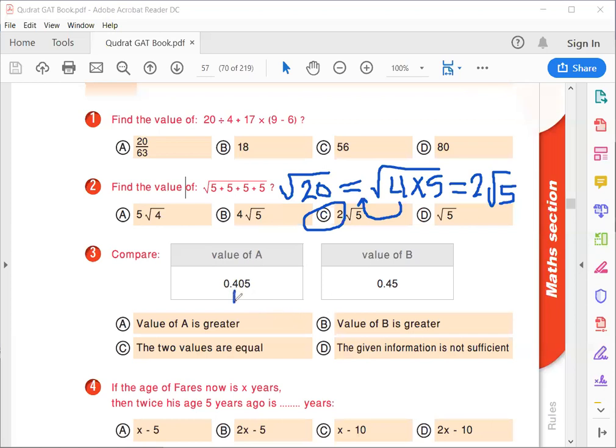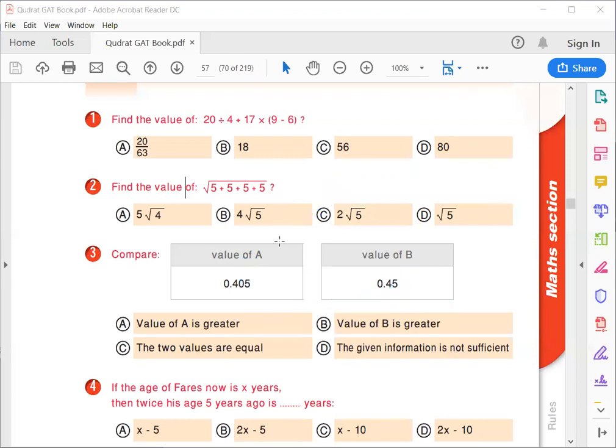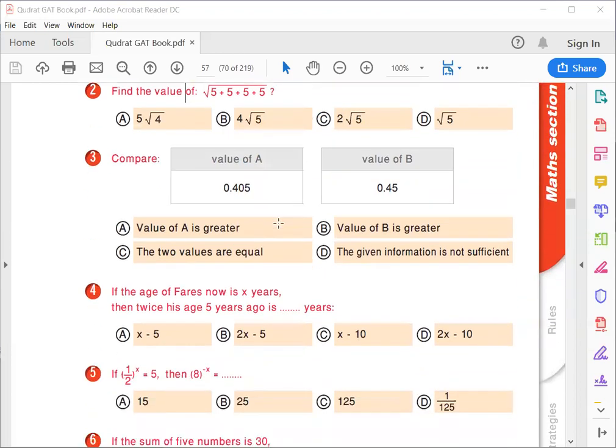Here, how to compare? You put 0.4, that's the same, and then the second digit 0 versus 5. So the value of B is greater than the value of A. So the answer is B. Okay, is it clear? Right.